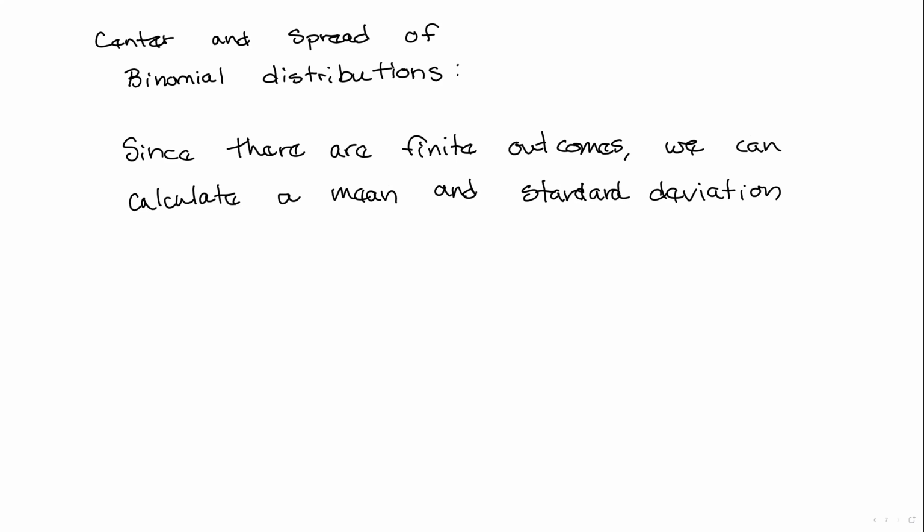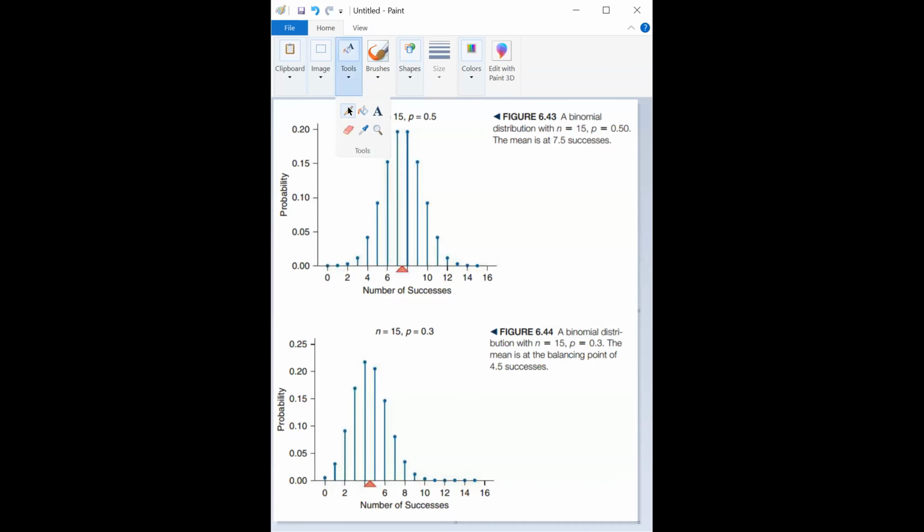And I've got a picture for that. Yeah, this is the one that I briefly showed earlier. All right, so we can see, right here, we've got a distribution, one of the first ones we looked at, 15 coin flips, right?